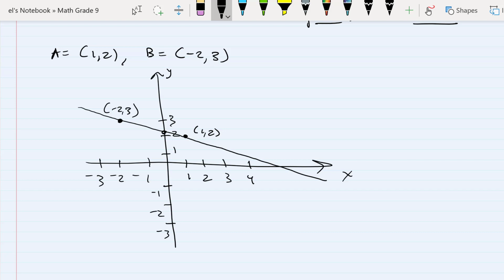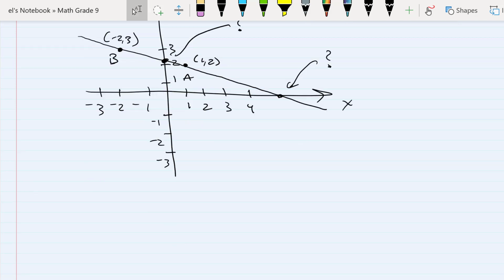However, we don't really know what this point here is, and this point here is. Let us say this point is point C, and this point is point D. Remember, our equation was x plus 3y equals 7.